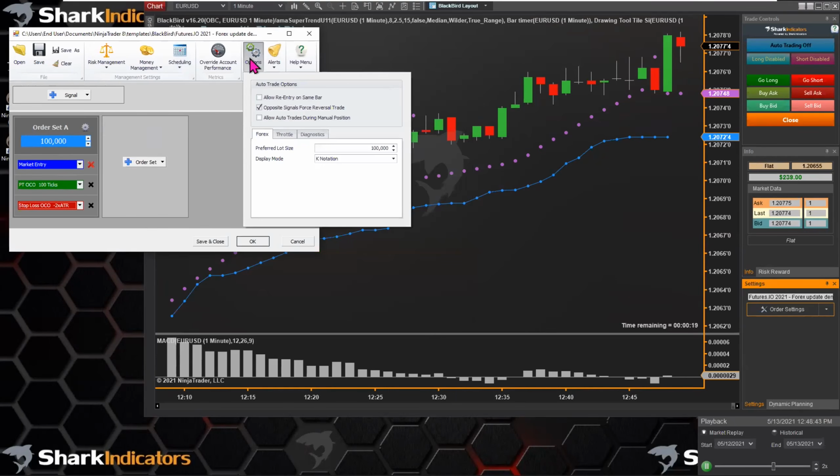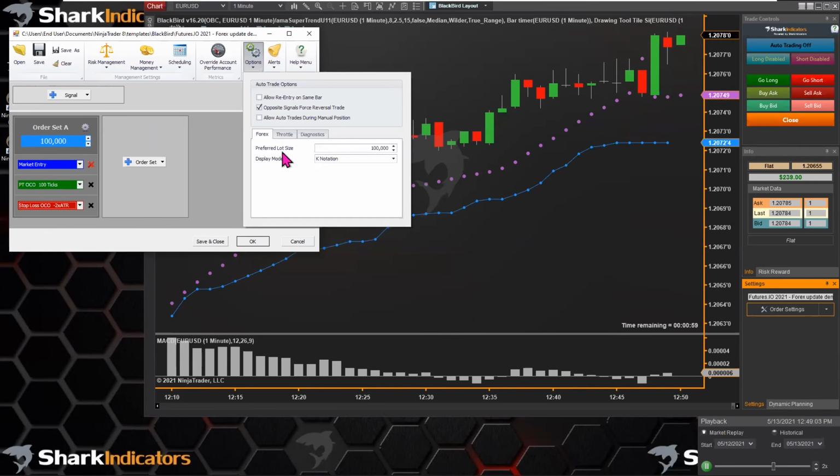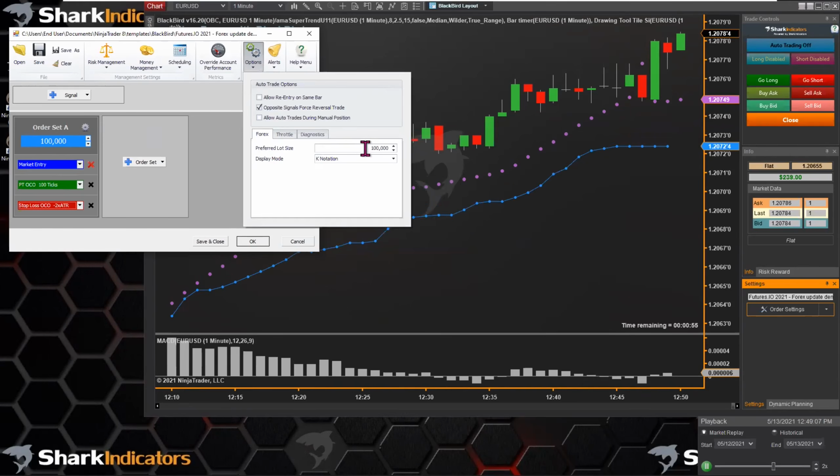And then here's part of the Forex upgrade, or enhancement, that we've given BlackBird. You can set a preferred lot size. You can see I've got a standard lot. I could knock it down to a mini lot, then a micro lot, and even a pico lot. NinjaTrader supports pico lots.